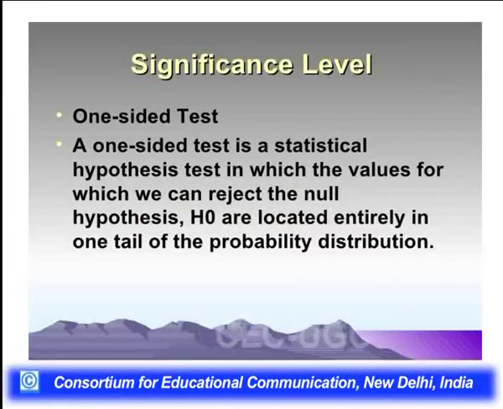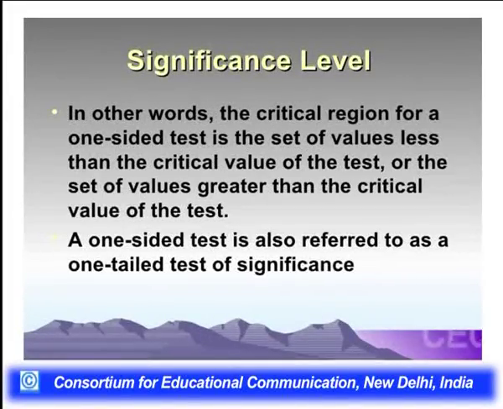Now coming on to the one-sided test. A one-sided test is a statistical hypothesis test in which the values for which we can reject the null hypothesis H0 are located entirely in one tail of the probability distribution. In other words, the critical area for a one-sided test is the set of values less than the critical value of the test, or the set of values greater than the critical value of the test.